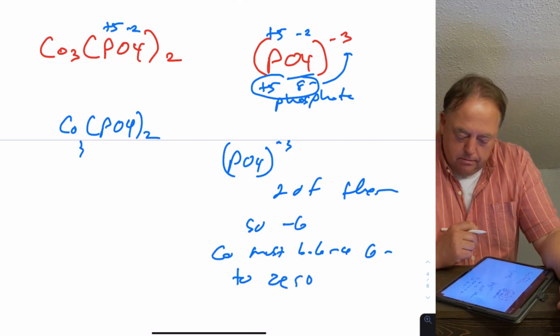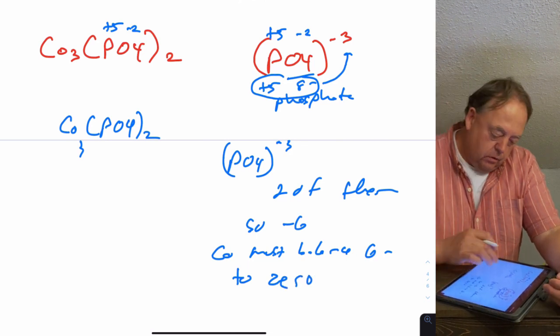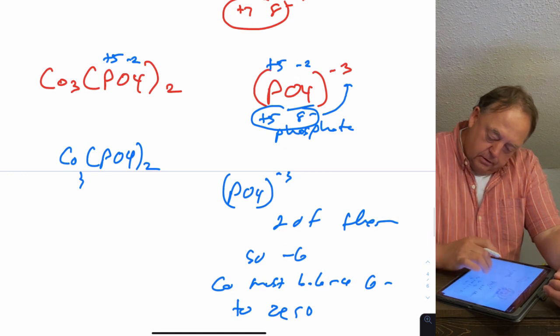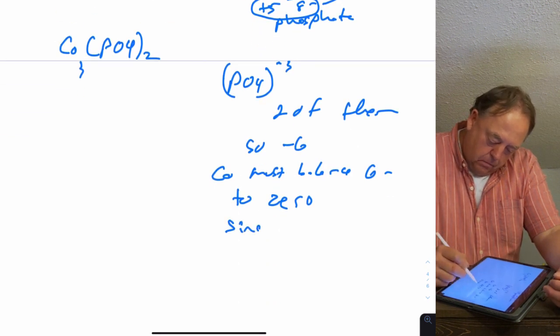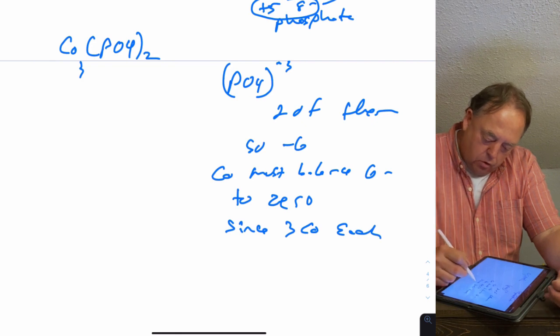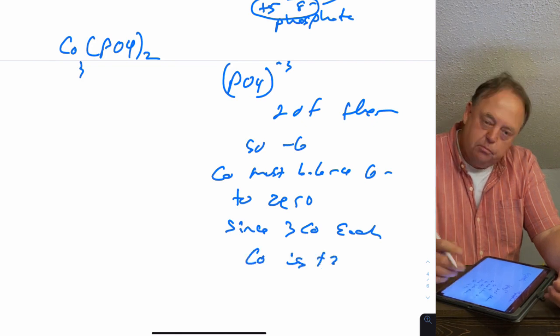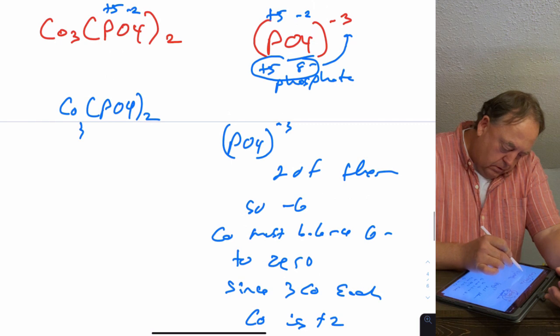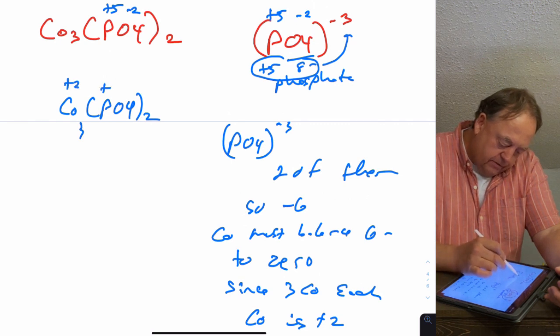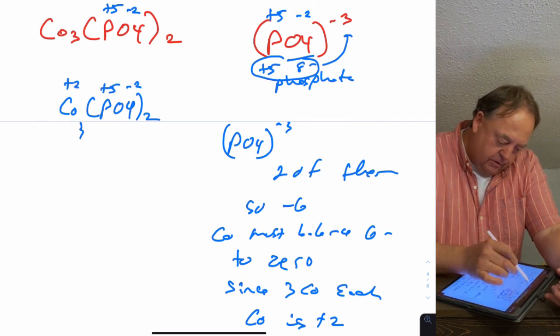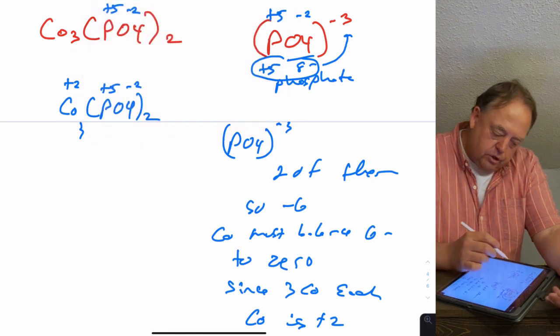And the cobalt must balance the 6 negatives to 0. So since there's 3 cobalts, then each cobalt is +2. We said phosphorus was +5, oxygen's -2, and these all should sum to 0.